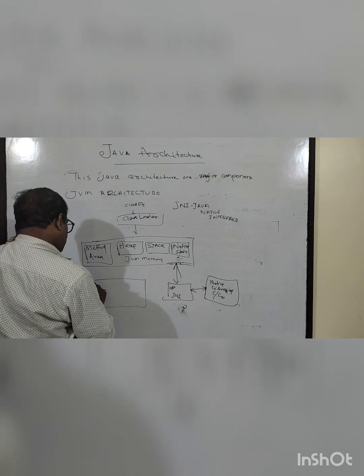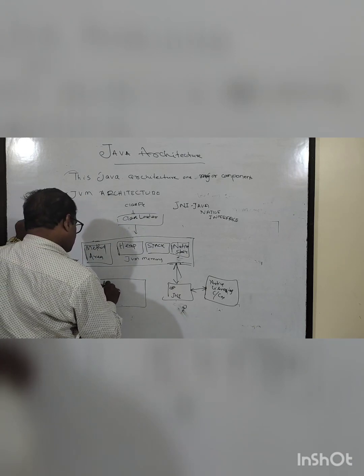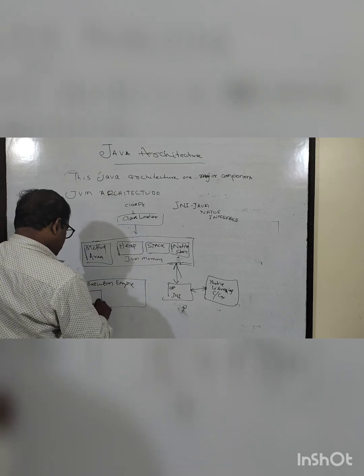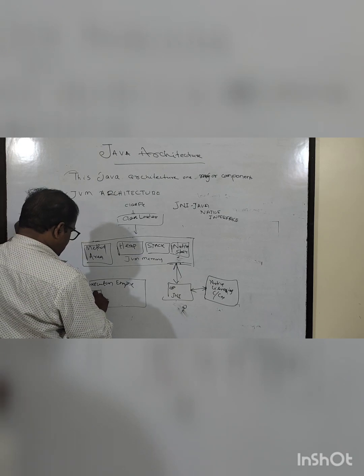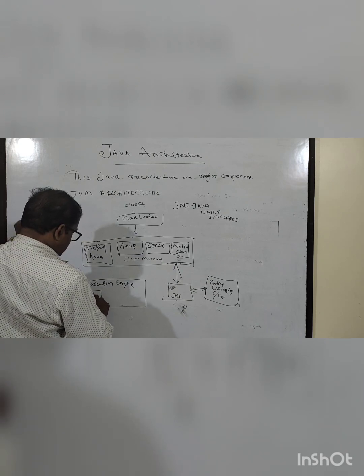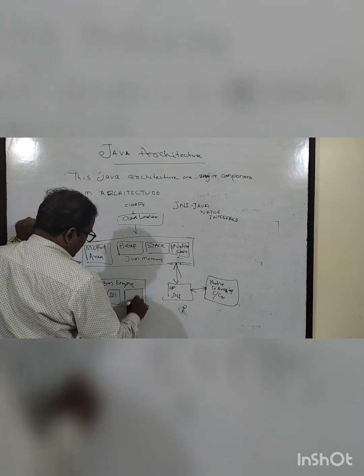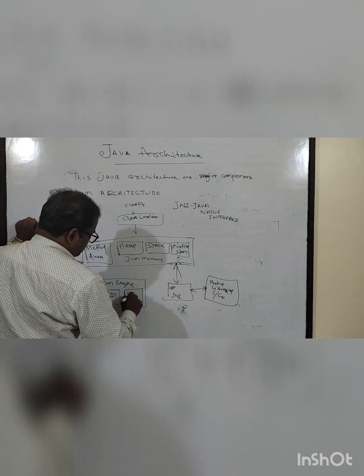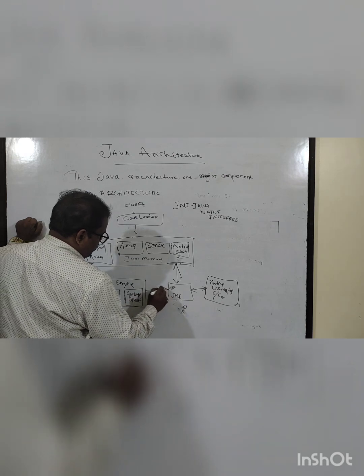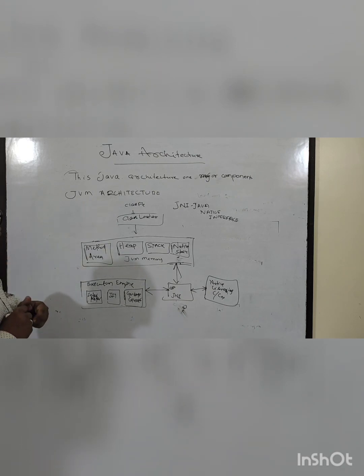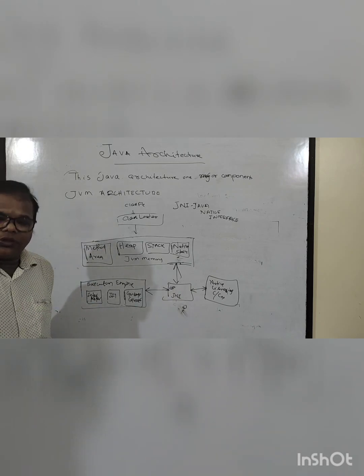This is called the execution engine, having basically three parts. One is called the interpreter, another is the JIT, the just-in-time compiler, and another is the garbage collector. The entire architecture helps us to execute the Java program.